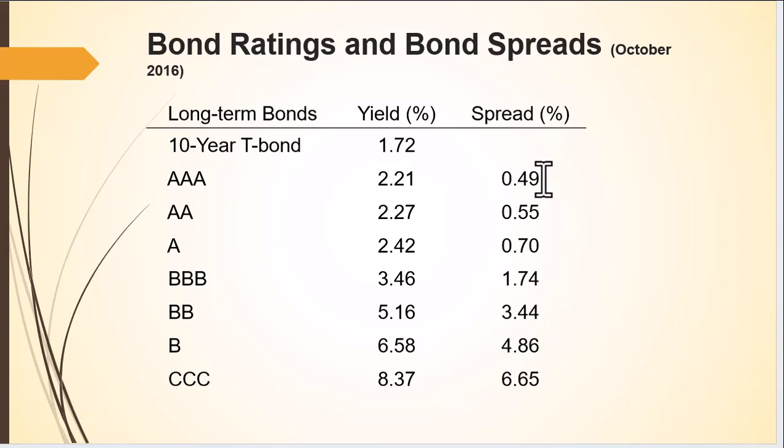The spread is the combination of the default risk premium and the liquidity premium. As you go down, when you get to the triple C's, 8.7% is the yield. That means about 6.65% is this spread that represents the chance of default and the ability to buy or sell these bonds pretty quickly, the liquidity.